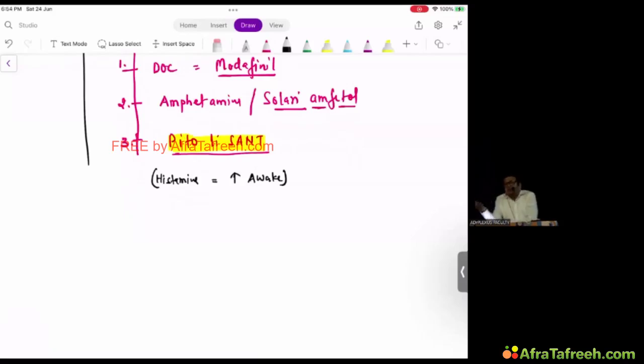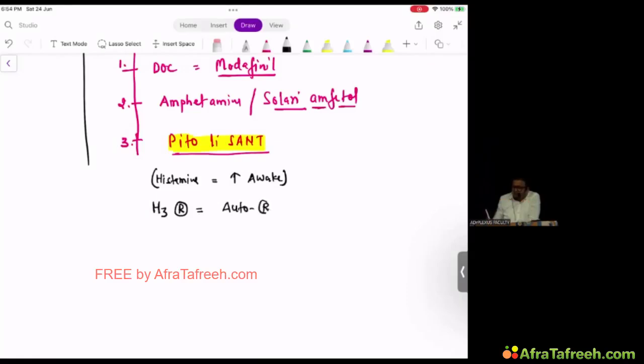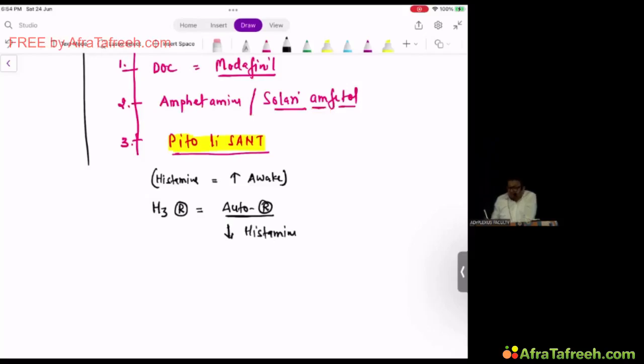That is why when you take antihistaminic cetirizine, you feel sleepy. H3 receptors are there. H3 receptor, if you remember, I told you, is an autoreceptor in histamine. H3, histamine type 3. What do autoreceptors do? They decrease the neurotransmitter release. So they decrease histamine release.